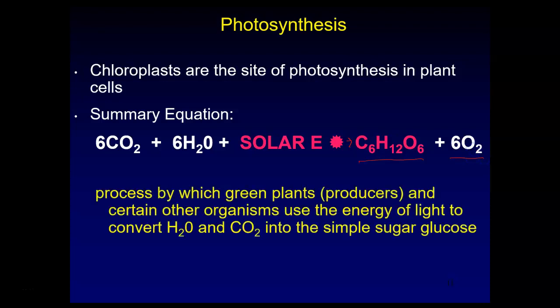All right, so the process by which green plants, which are the producers, can harvest those organic materials and create their own food as well as food for us, we refer to them as autotrophs.